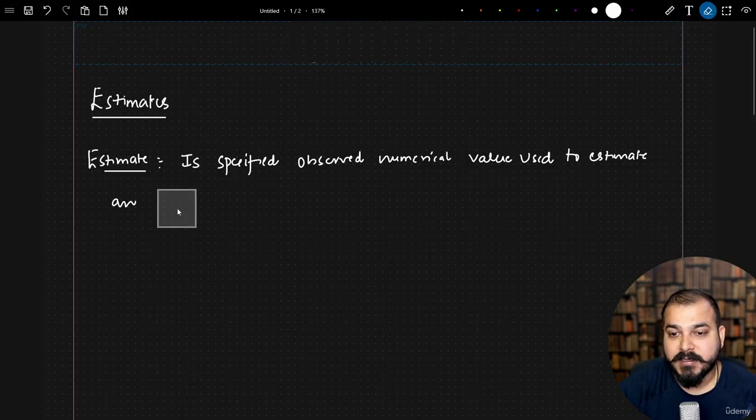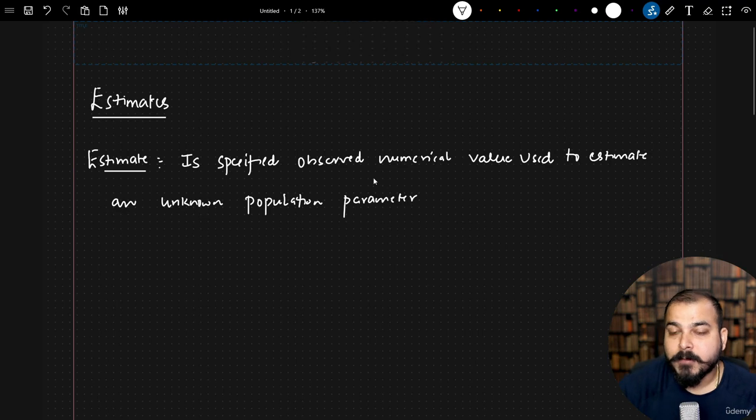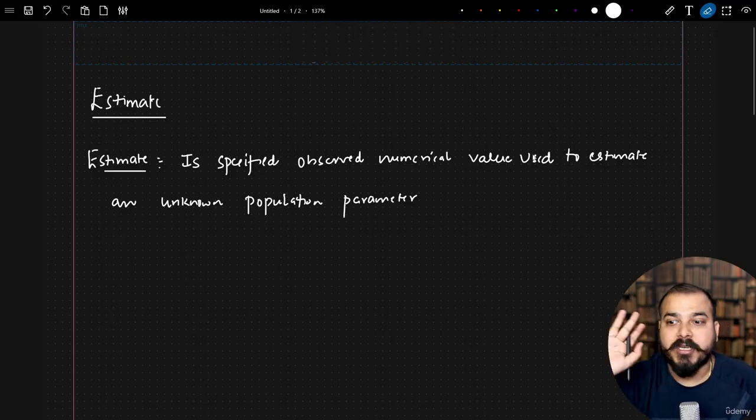This is super important. See this? It is used to estimate an unknown population parameter. Whenever we talk about an estimate, it is a specified observed numerical value that is used to estimate an unknown population parameter.